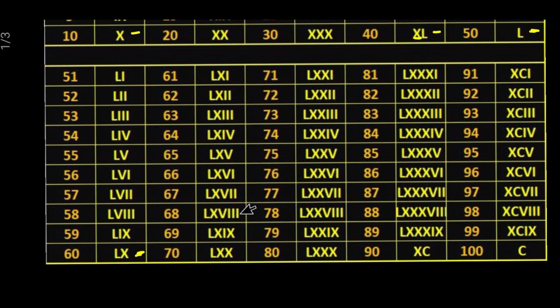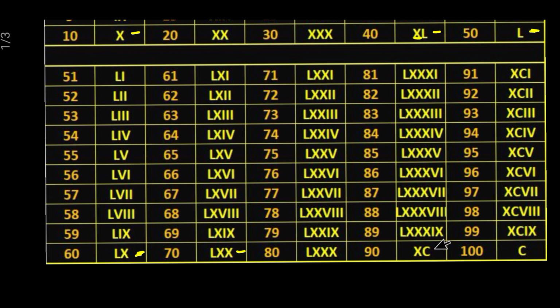From 61 to 69 again same fashion. For 70, L and XX means 50 plus 10 plus 10 is equal to 70. This we can continue up to 80, and then again same up to 89.